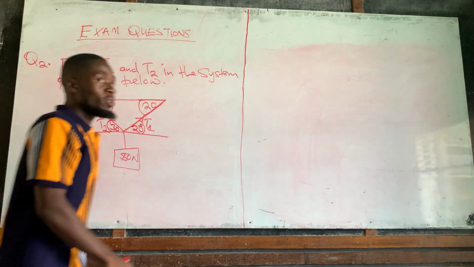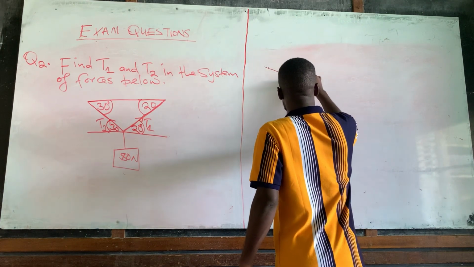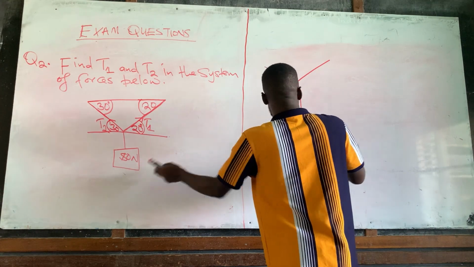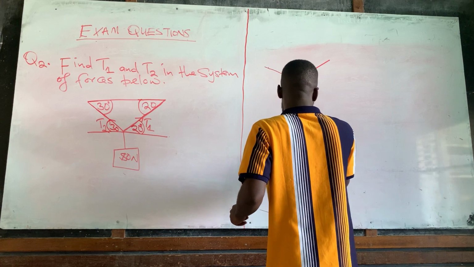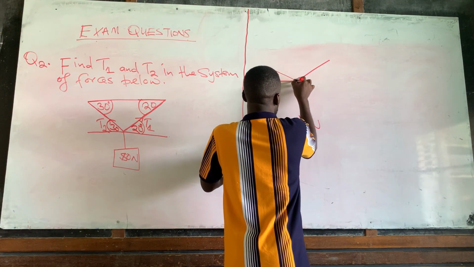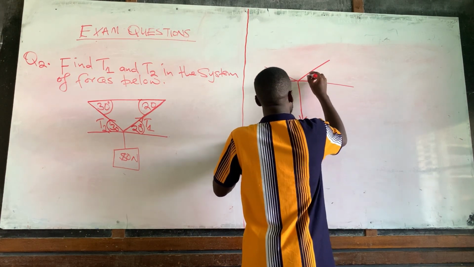So we can draw this diagram here and say this will be, okay? And this one down here is just a normal force. You can put it like this. Let's say 80 newtons there.